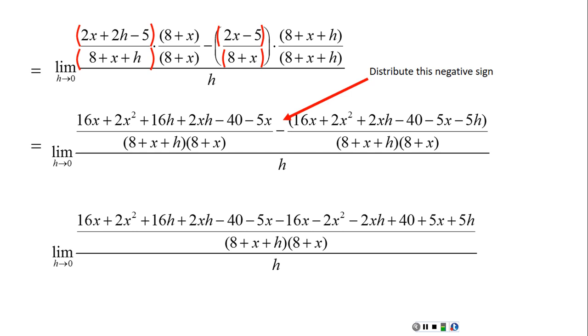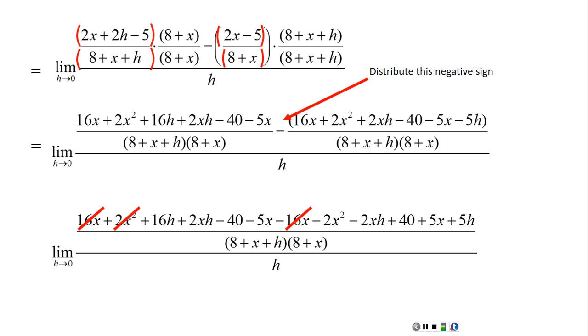Good thing about these horribly long, ugly problems is if you did it correctly, the only thing that's going to be left in the numerator will have an h in it. Okay, if you have terms that don't have an h in the numerator, you're doing something wrong. So we have 16x minus 16x.